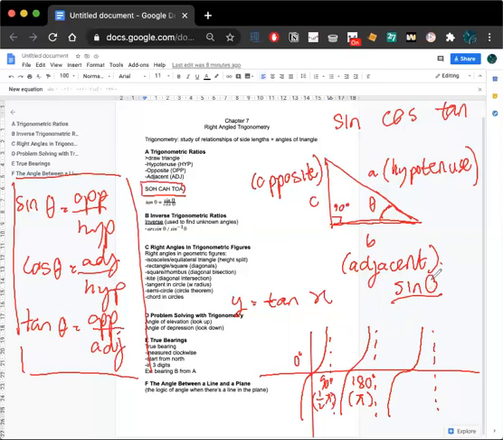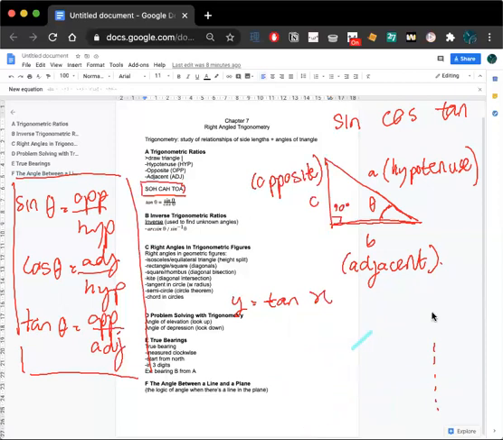Or in this case, it's sine x over cos x. But I don't think I should explain further than that, because I think that would be covered in the future sessions.